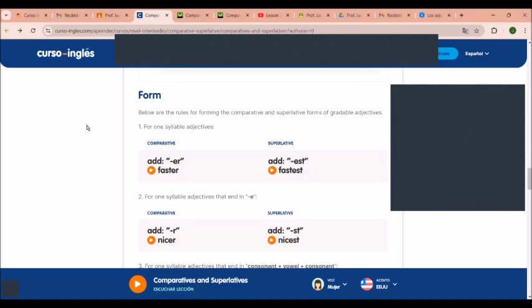So fast, one syllable, becomes faster. When describing the best in the group, the fastest. One syllable with a E ending, nice, becomes nicer. Or the nicest if you have multiple people in the group.